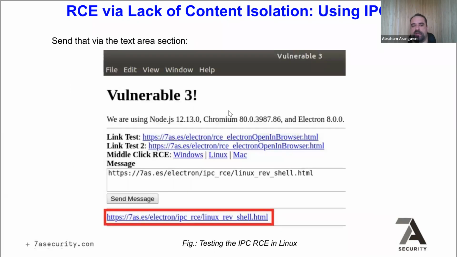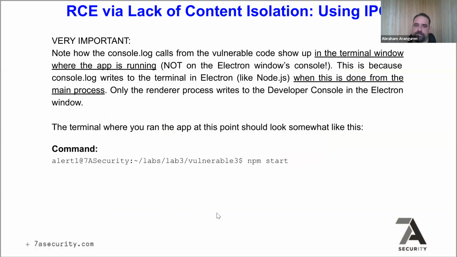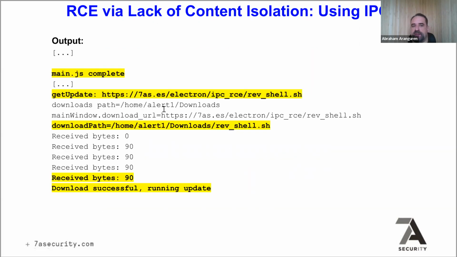And then when you click on the link, so you basically send this link to the user, the other user receives it, you click on this, and then you will see something like this, right? So when the application does console.log, the main process will show those messages on the terminal itself, whereas the renderer process will show those messages on the dev tools, right?